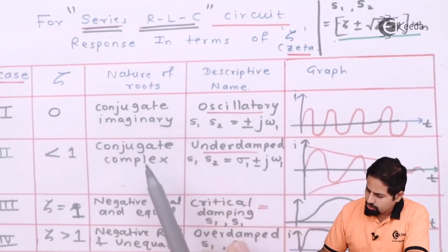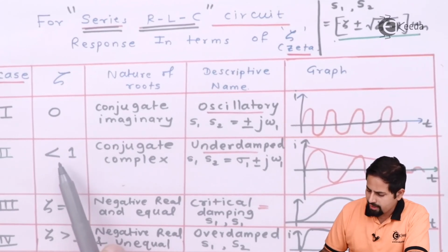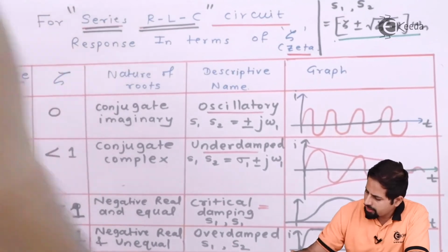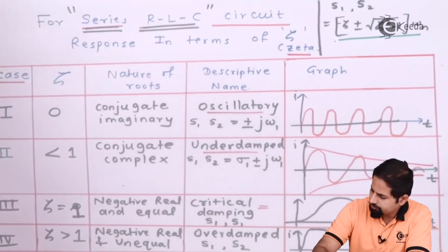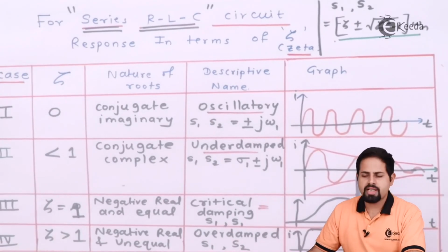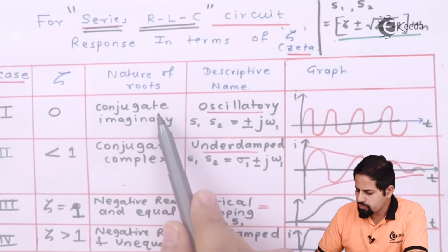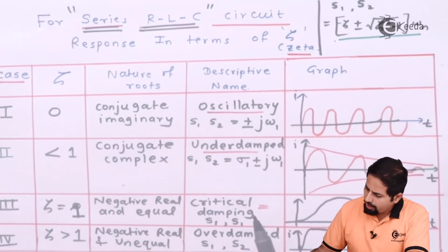Complex conjugates, this is the case of underdamping, which we have done just now, zeta less than 1, and this is how the graph is. We get decreasing sinusoids, decreasing exponentially. If there were only imaginary terms which were conjugates, we would have got an oscillatory response.